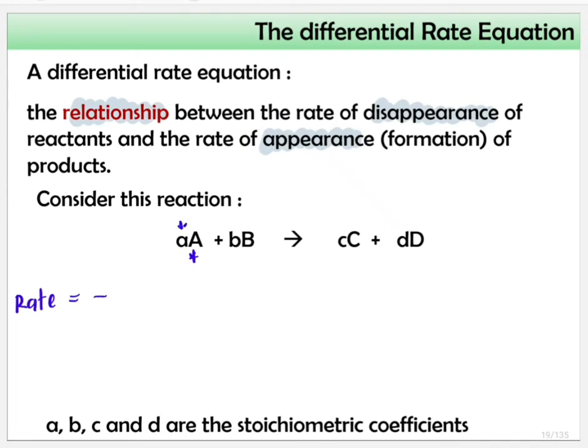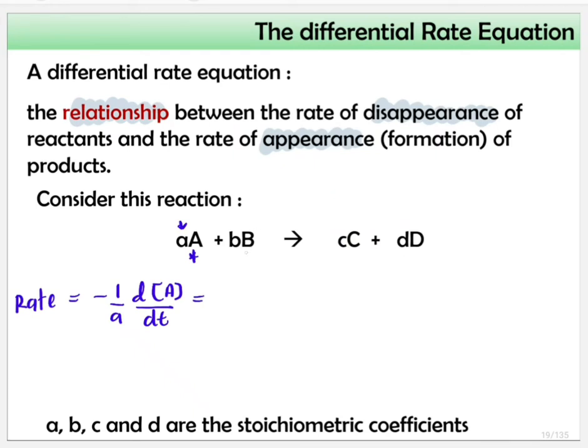Stoichiometry is important. That's why sebelum awak tulis differential rate equation, make sure the equations is balanced. Sebab kita akan include stoichiometry dalam equation. So 1 over a, stoichiometry of A, dA over dt.